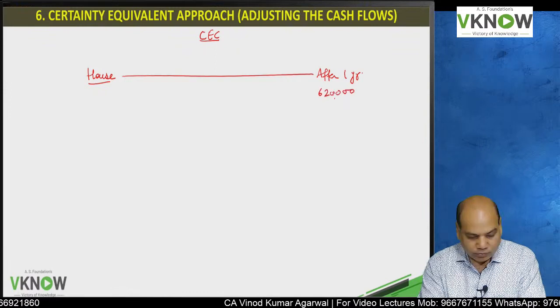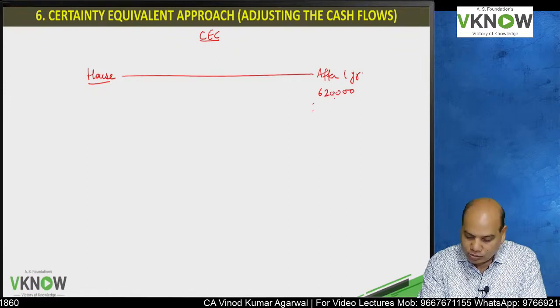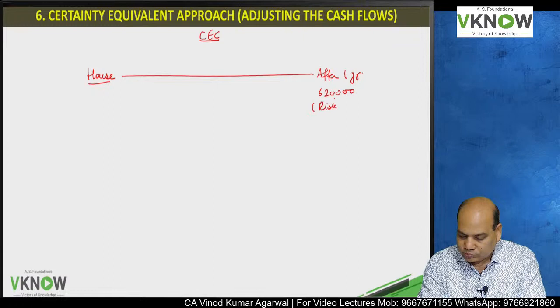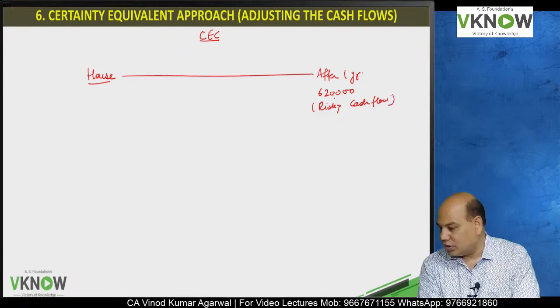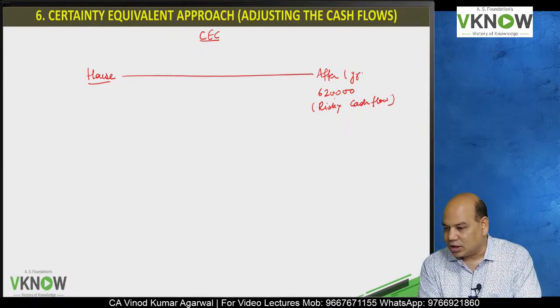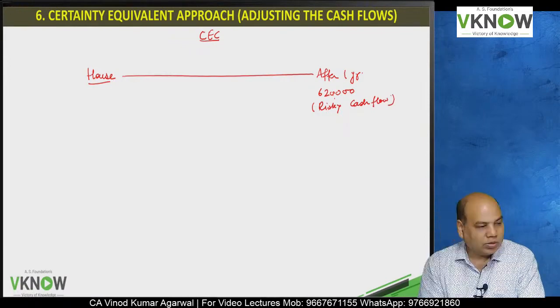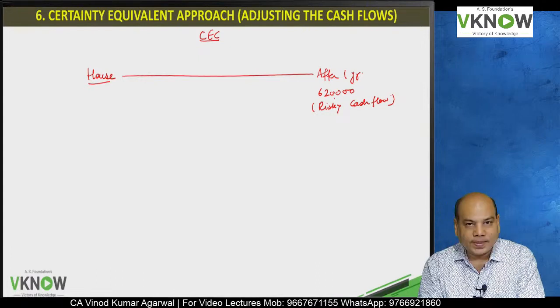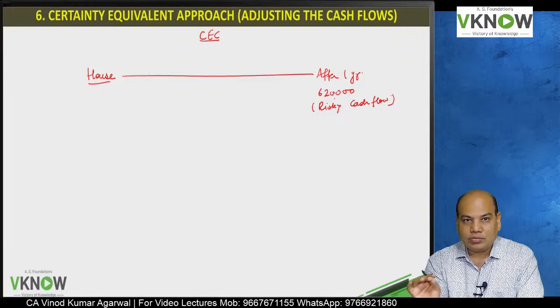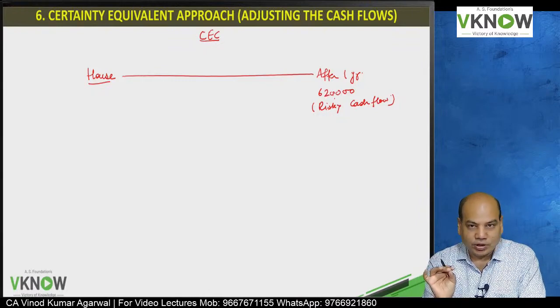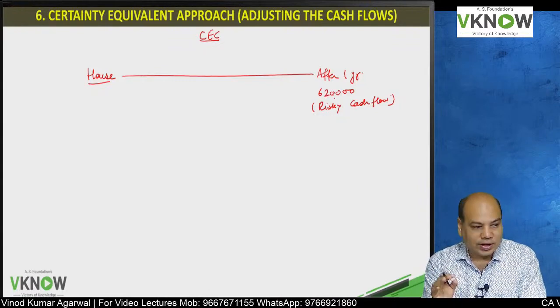Is this risky cash flow or uncertain cash flow? Yes, it is risky, it is uncertain, because it is only my estimation that this house can be sold for 6,20,000. It can go wrong, it can change.